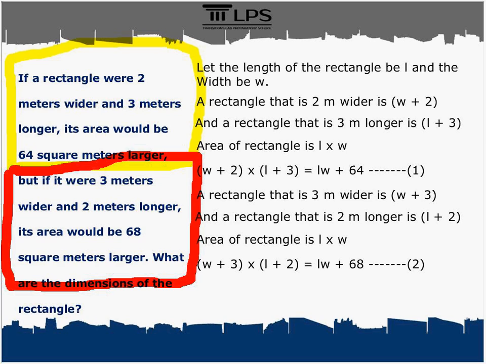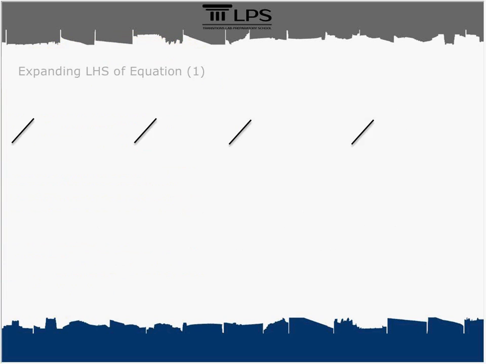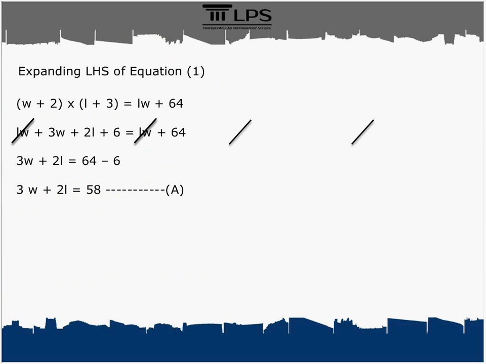Okay, but there is more to the question. So now I get an equation which is 3W plus 2L is equal to 58.